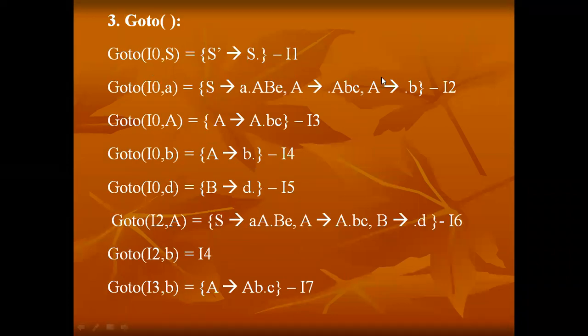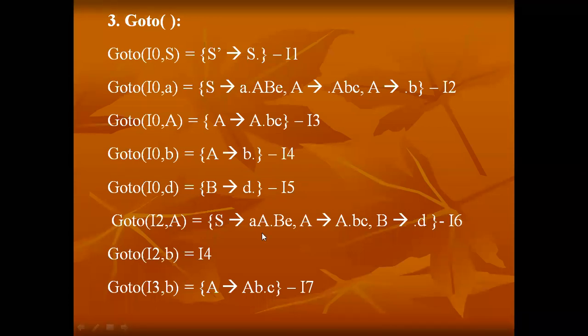Just make a directed graph to I1 and there put the alphabet S. I naught with A goes to I2. I naught with A goes to, again, it is a non-terminal A, I3, right? I naught with B goes to I4. That means by calling an item with a symbol, we know which item it gives in the form of the output item, or we can consider it as an output state here, right?